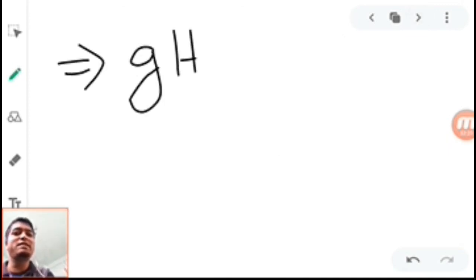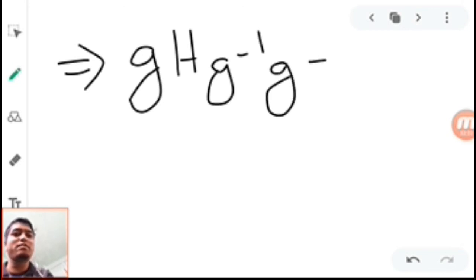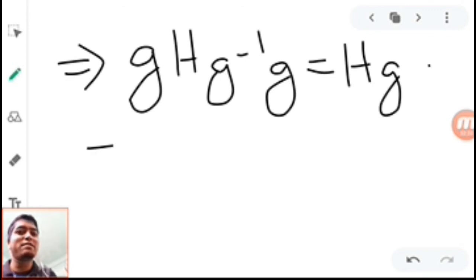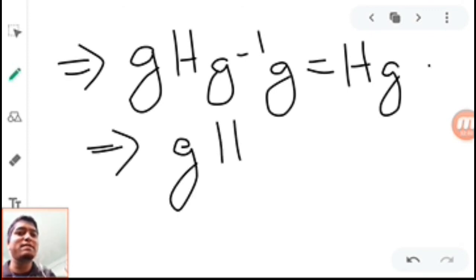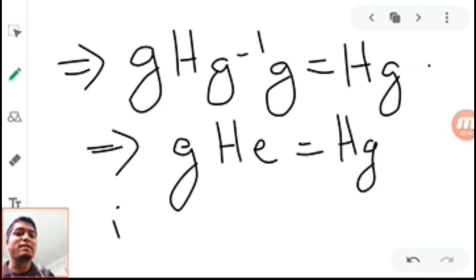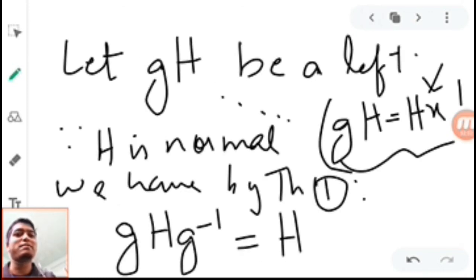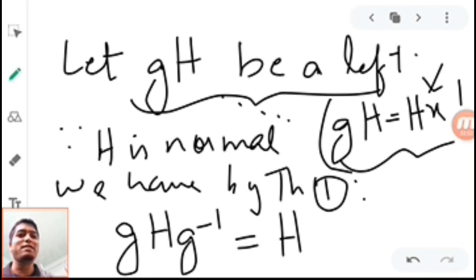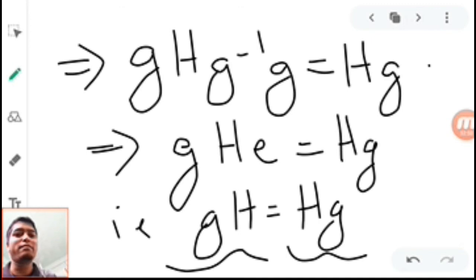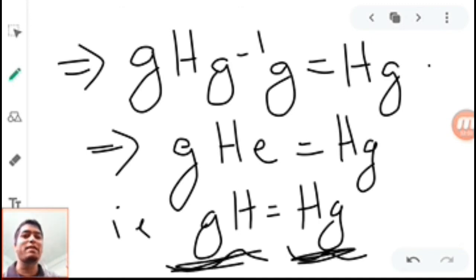So gHg inverse, you multiply it with g on the right hand side, so we'll have this. gHg inverse times g will give you g, that is gH equal Hg. So a left coset is equal to a right coset. We have started with let gH be a left coset. Ultimately, we have got that gH, which is a left coset, is equal to a right coset.